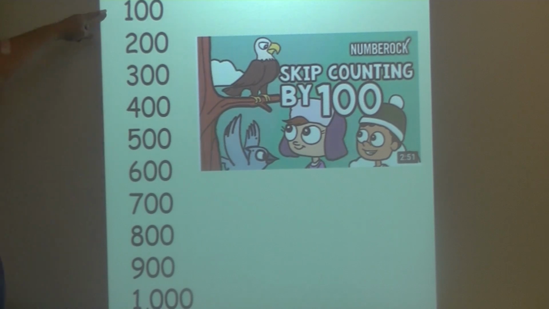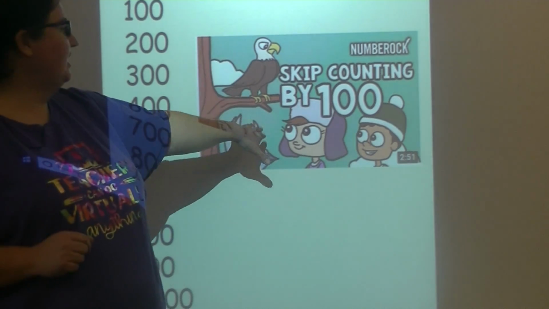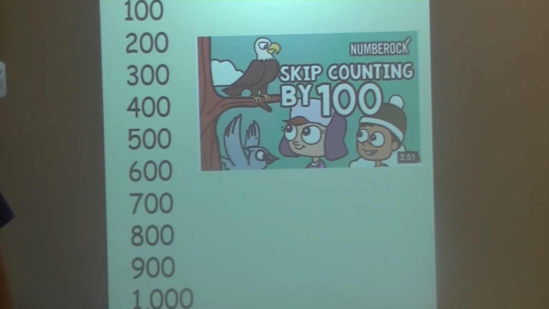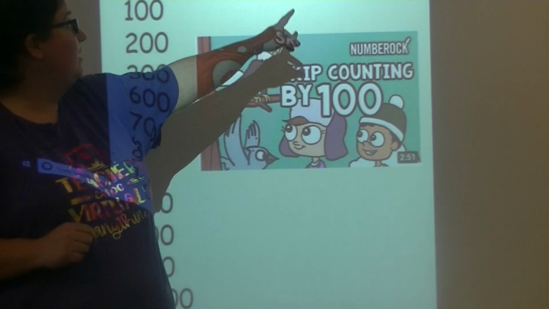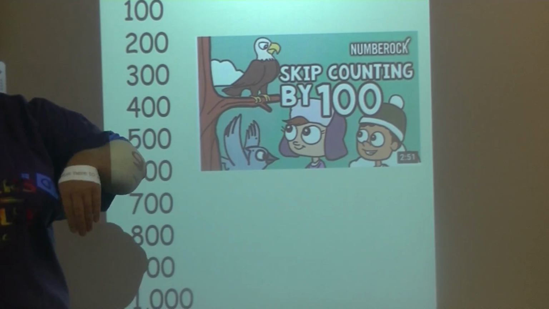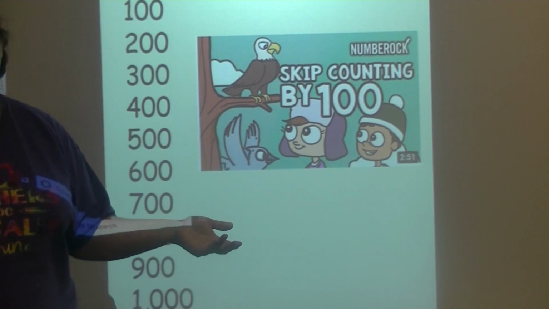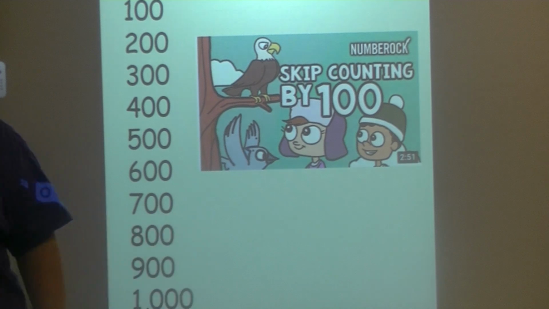Get ready? 100, 200, 300, 400, 500, 600, 700, 800, 900, 1,000. Alright, you can click on the song at home and count by hundreds to 1,000. Alright, that square will pull me up to practice with you every day.